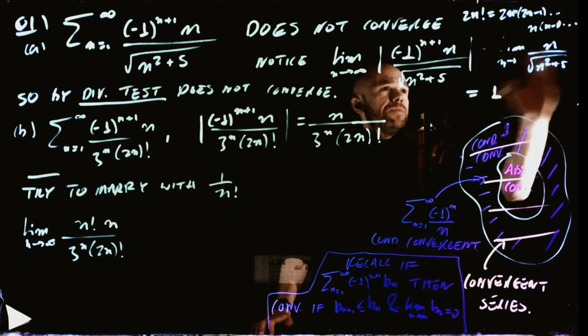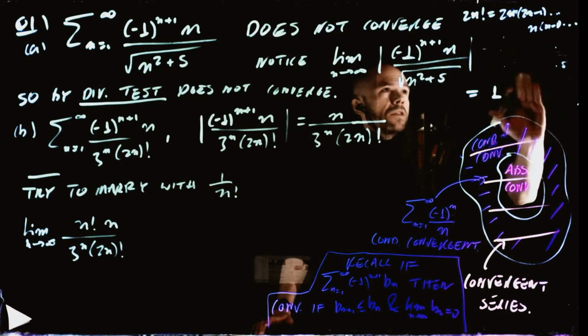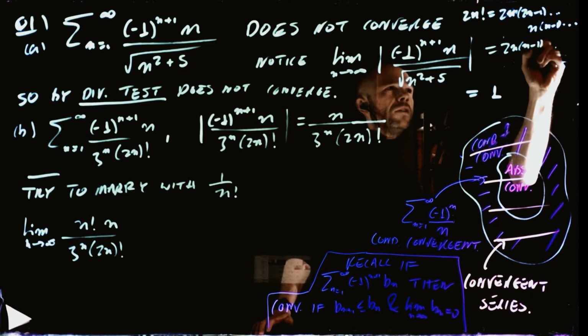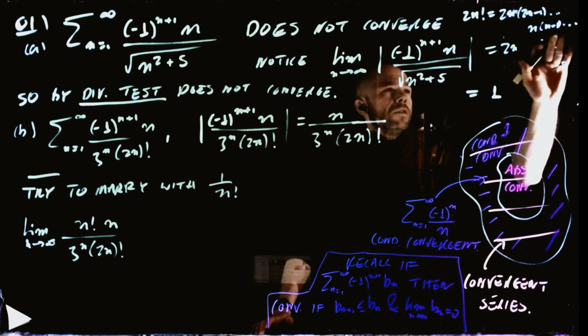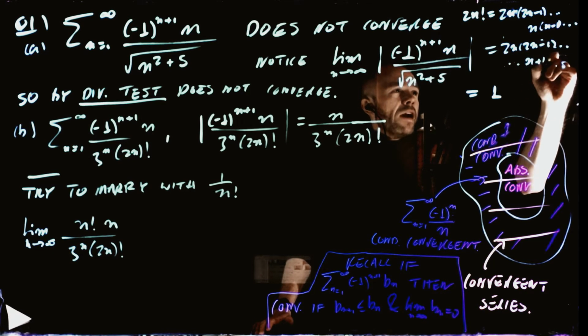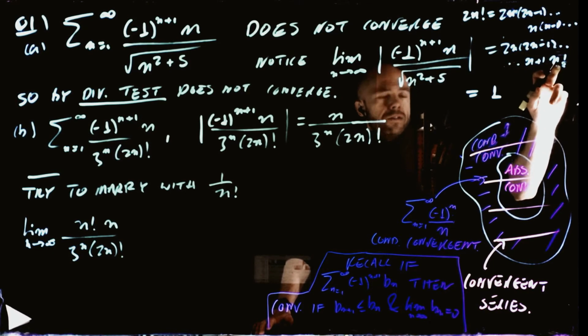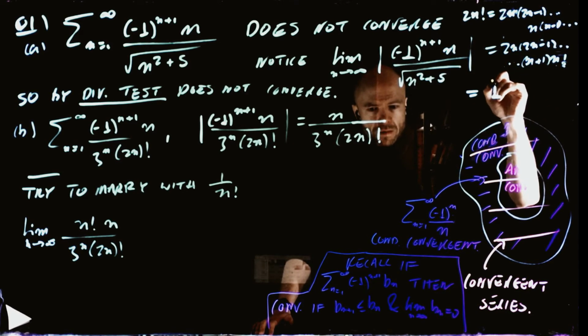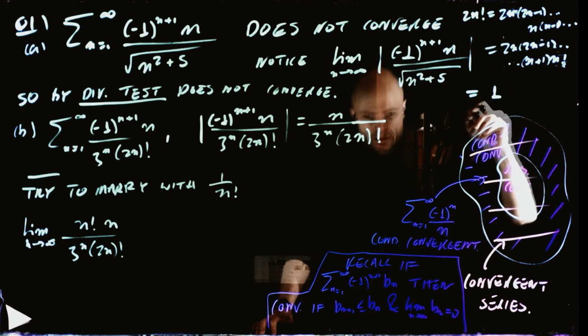So it's like 2n minus 1, dot, dot, dot, n plus 1, and then we have n factorial multiplied by it. Yeah, you see what I mean? Thumbs up if you do, thumbs down if you don't.